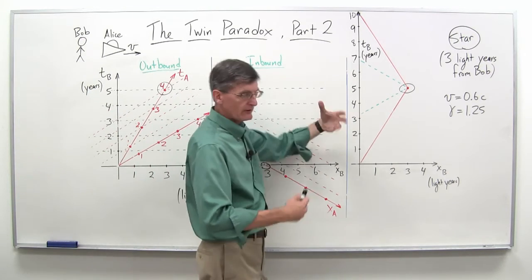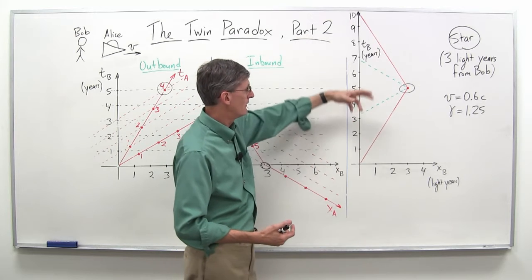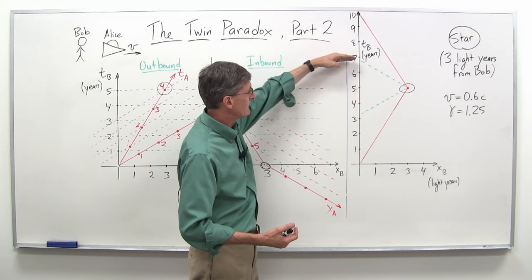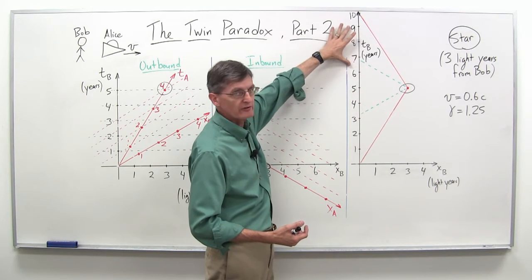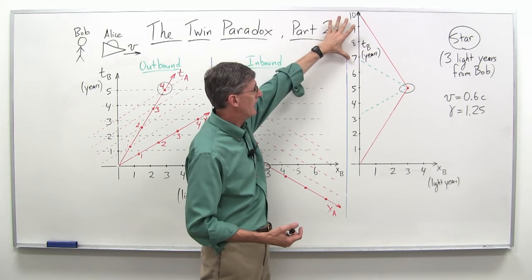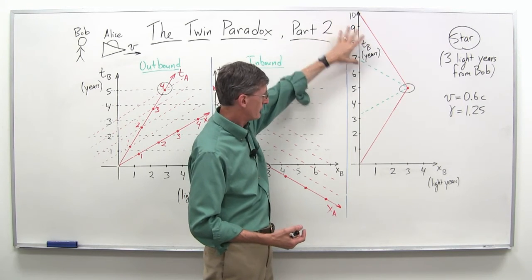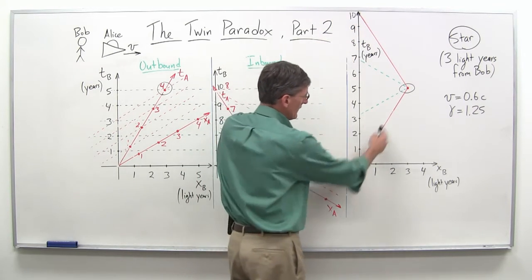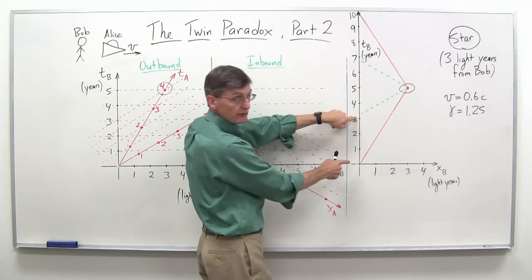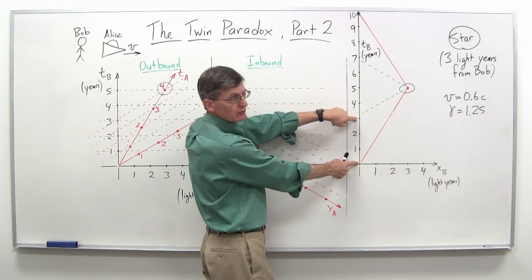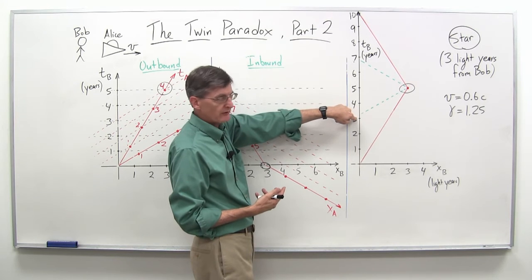Because then, as we'll see quantitatively in the next video clip, it just ticks off normally. She sees his clocks running at 3.2. So essentially on the outbound trip, she sees his clocks reading a total of 3.2 years, as we'll see in the next clip.